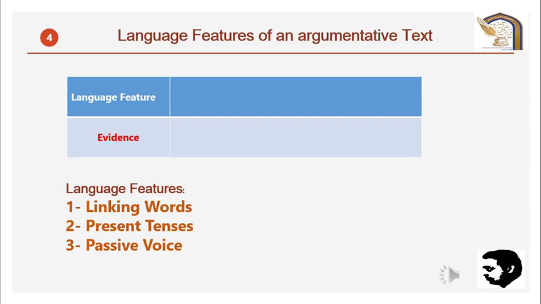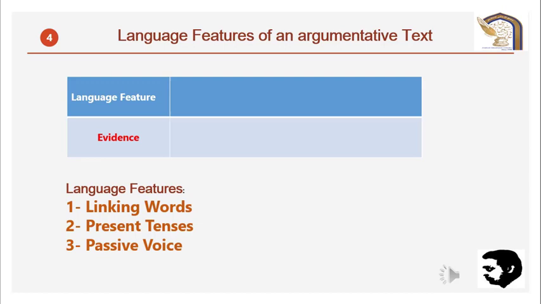Language features. Look at the table. You're asked to fill in the spaces in the table. And this question is a very easy question. It only requires previous knowledge of the structure and the vocab used in the texts.